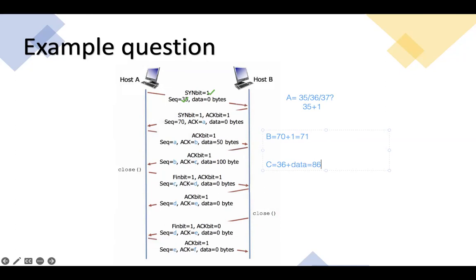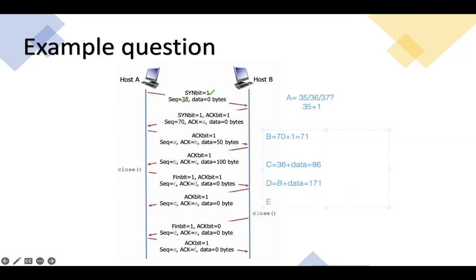And we don't need to add the acknowledgement here. And D here will equal to the sequence number B plus the data size, which is 100. And then it will be 171, right?